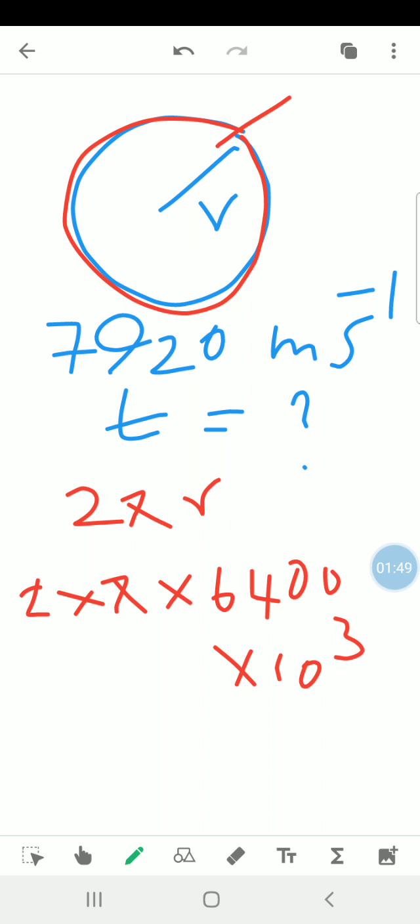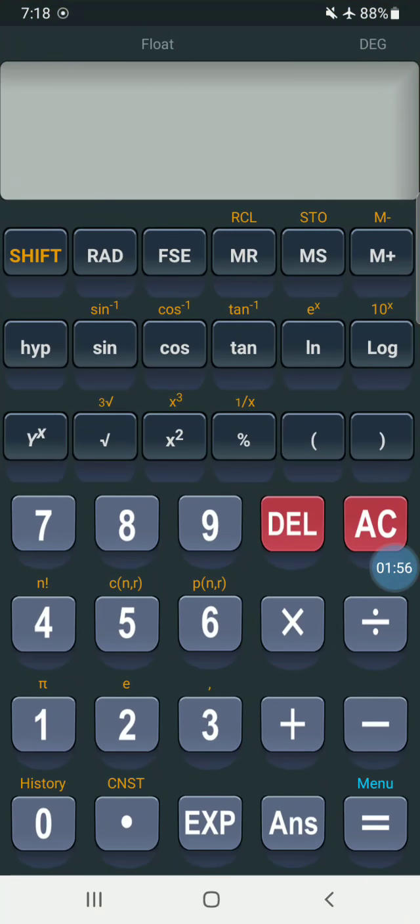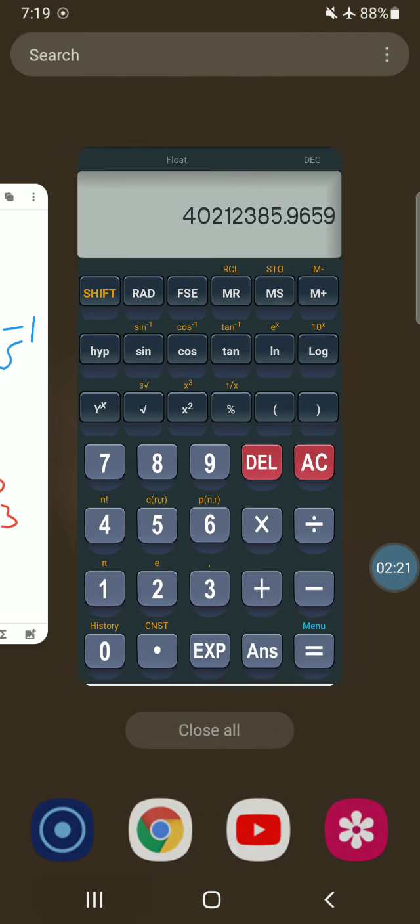So you do this in the calculator. Let's do it. 2 pi and 6,400. So 2 multiplied by pi multiplied by 6,400 into 1000 is equal to 4.02 into 10 to the power 7 meters.